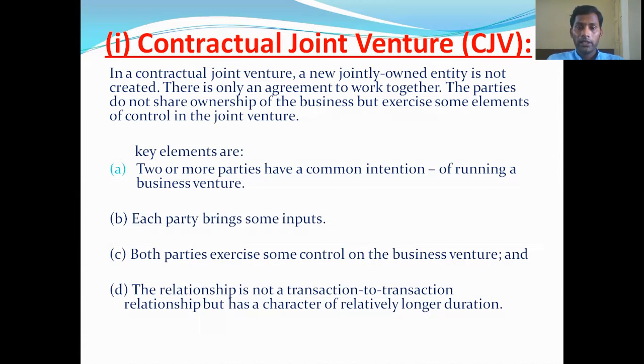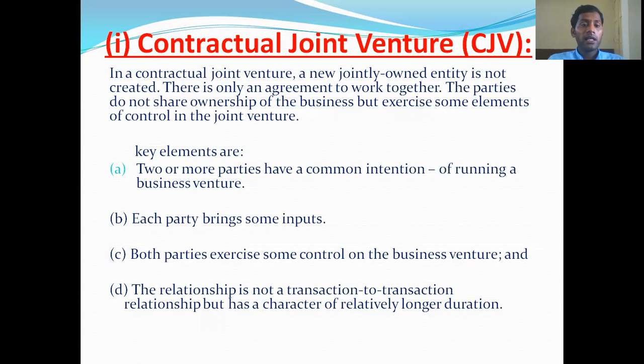Two or more companies come together not for creating a new organization, but through an agreement to work together to finish a specific task. That's a contractual joint venture.